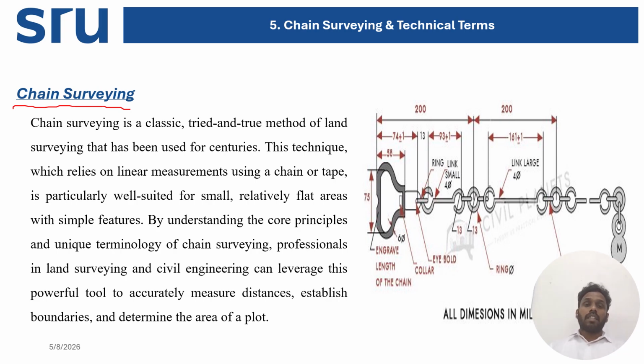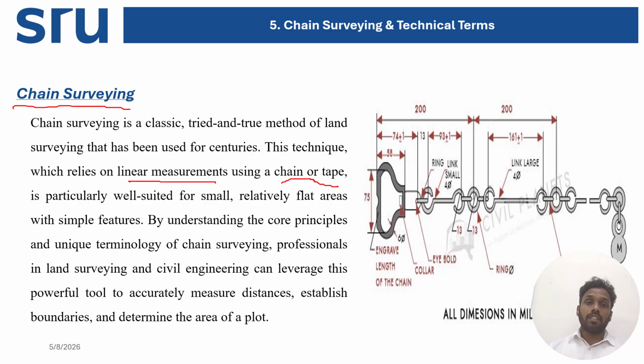So this technique relies on linear measurement using a chain or tape. As I said, you can do only a linear measurement, either length or width. So it is a single unit measurement. You cannot measure other dimensions like angle or bearing. You can just measure the distance between your lines.